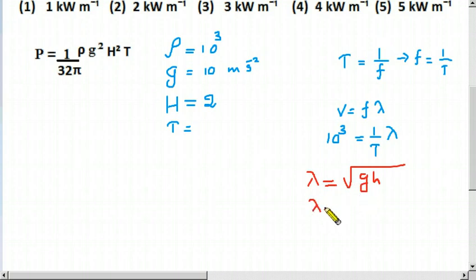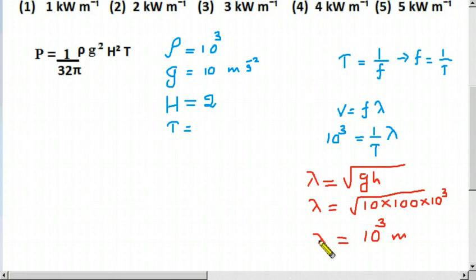So then we can find lambda. Lambda equals root of g times h, g is 10, h is given as 100 kilometer. So 100 kilometer times 10 power 3 converted into meter. Then altogether root of 10 power 6, which is 10 power 3 meter. That is lambda.